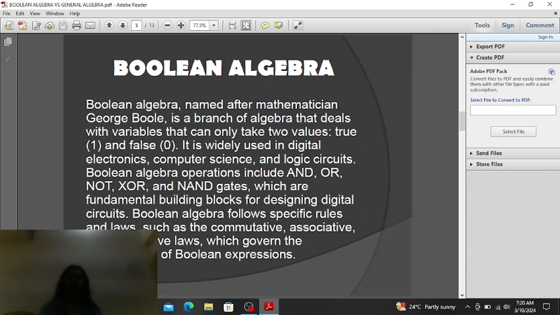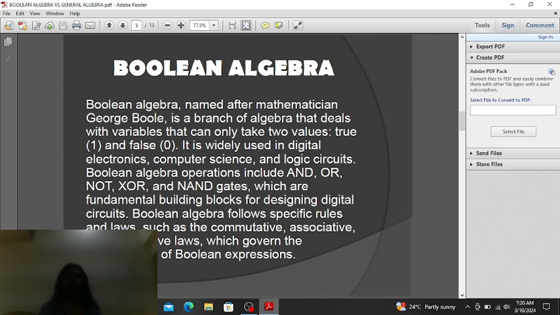Boolean algebra is named after a mathematician known as George Boole, and it is a branch of algebra which deals with only two values at a time, which are true and false, or zeros and ones. So one resembles true and zero resembles false. This Boolean algebra is widely used in digital electronics subjects like computer science and logic circuits.